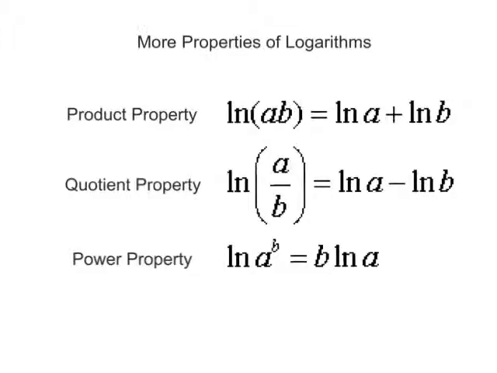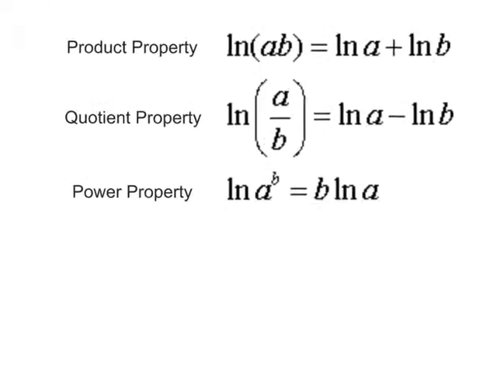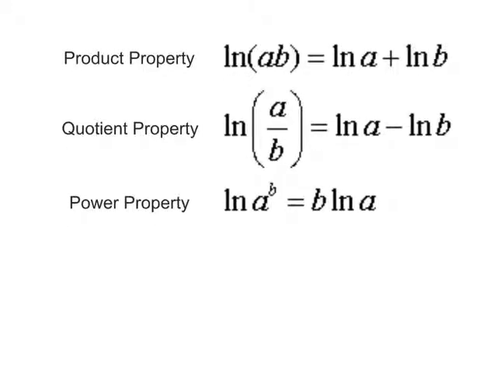When we're expanding, then we're working this direction, okay? We're taking a logarithm with a more complicated argument, the multiplication, the division, and you can have more than two terms, okay?